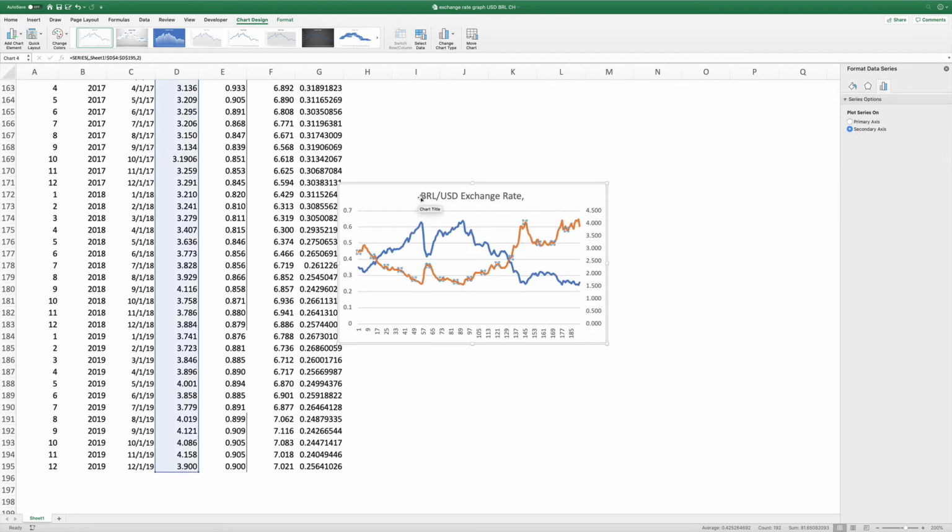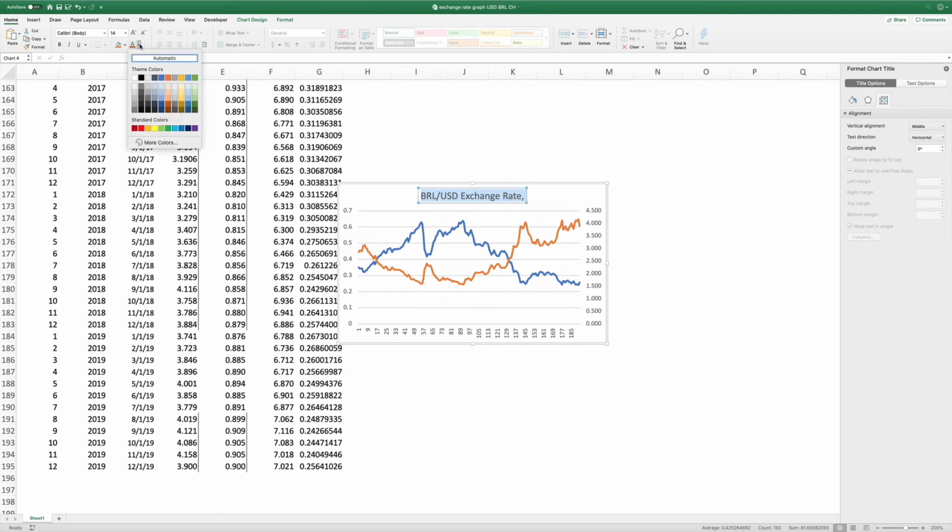So the Brazilian real to US dollar is the blue, and the US dollar to Brazil exchange rate is going to be orange. Orange and blue, maybe not the official colors, but close enough.